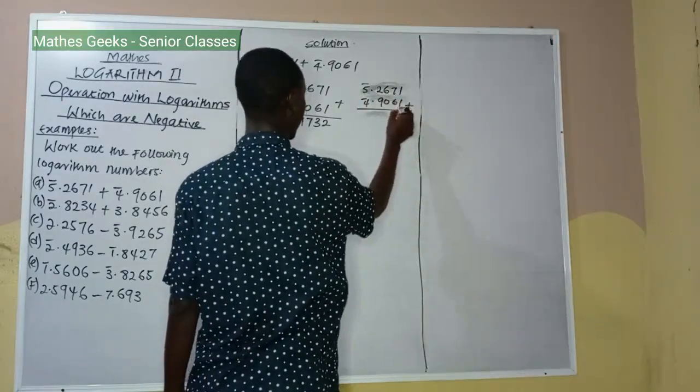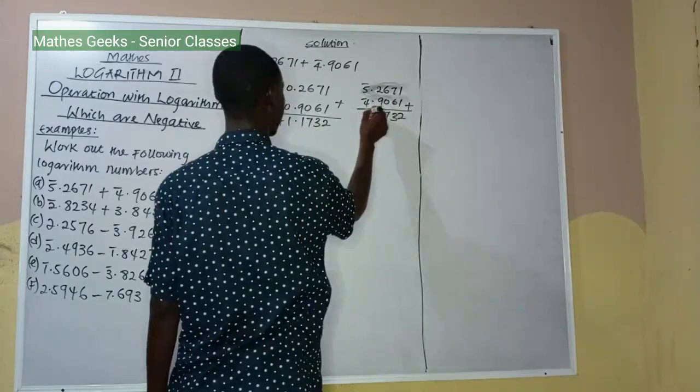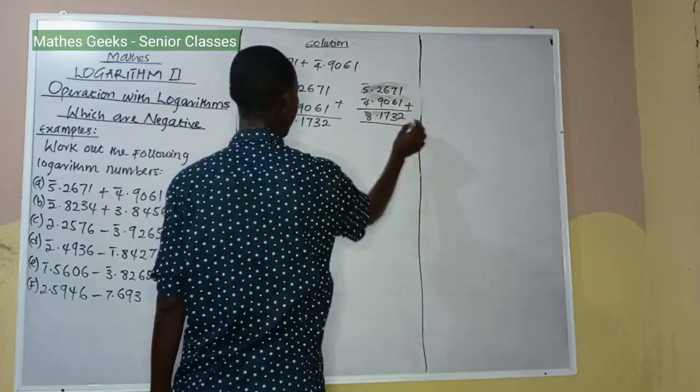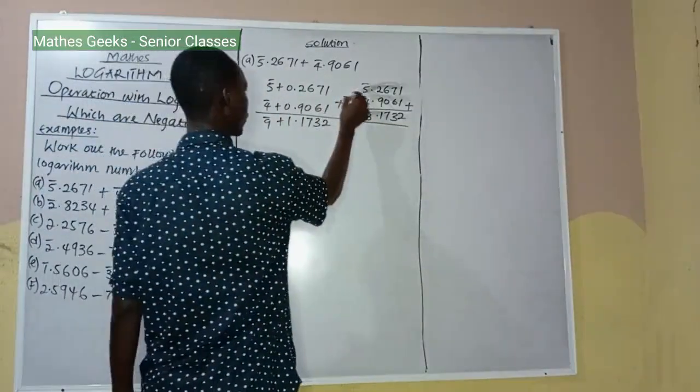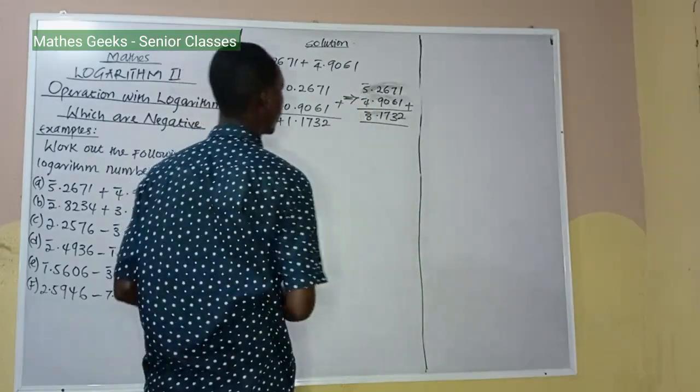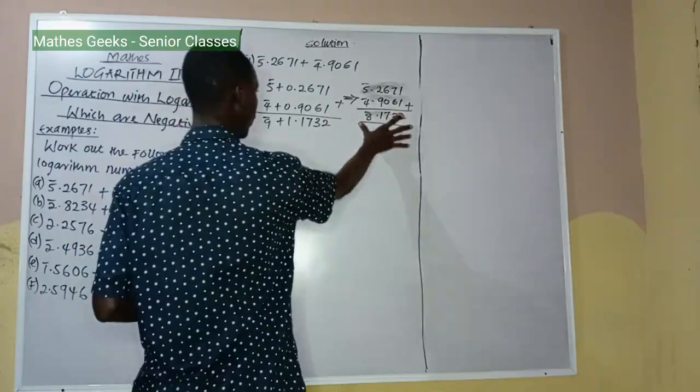When you add, we have 237 points bar 8, which is our final answer. Let me put this arrow to indicate that from here, this bar 9 plus 1 will give us bar 8, which is our final answer.